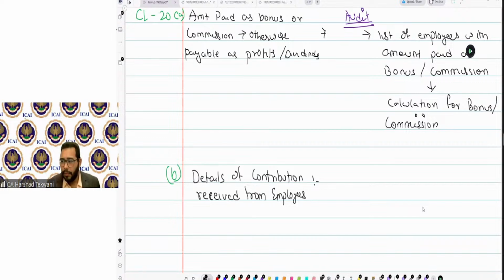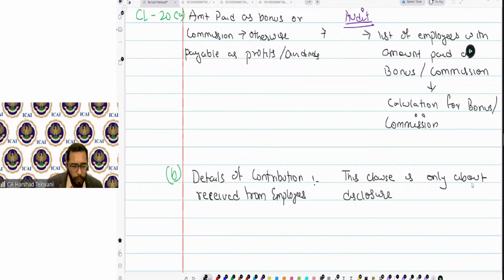Here in this case, there are a few things that I need to take care of. This clause is only about disclosure, not allowability.